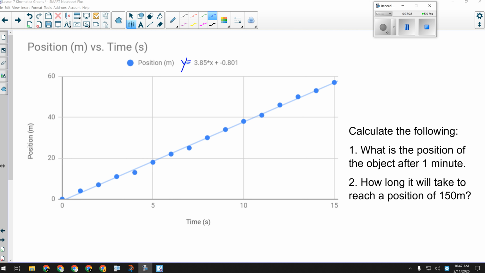All right, so for question number 1, I'm simply going to go y equals m, 3.85 times x. Can I use 1 minute or do I have to convert it to seconds? Got to convert it to seconds. It's seconds on the x-axis. So times 60, right? Plus negative 0.801.